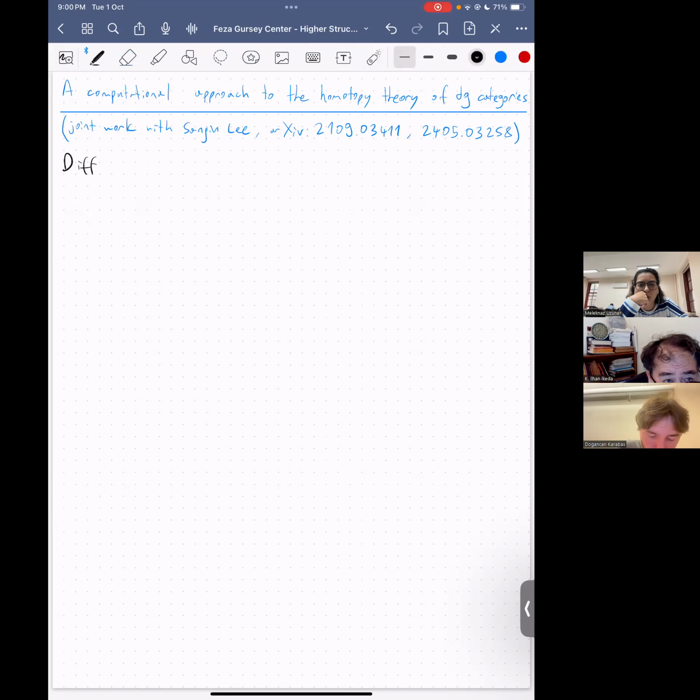and also I set my notation by doing this. Differential graded category. So basically it's a DG category.